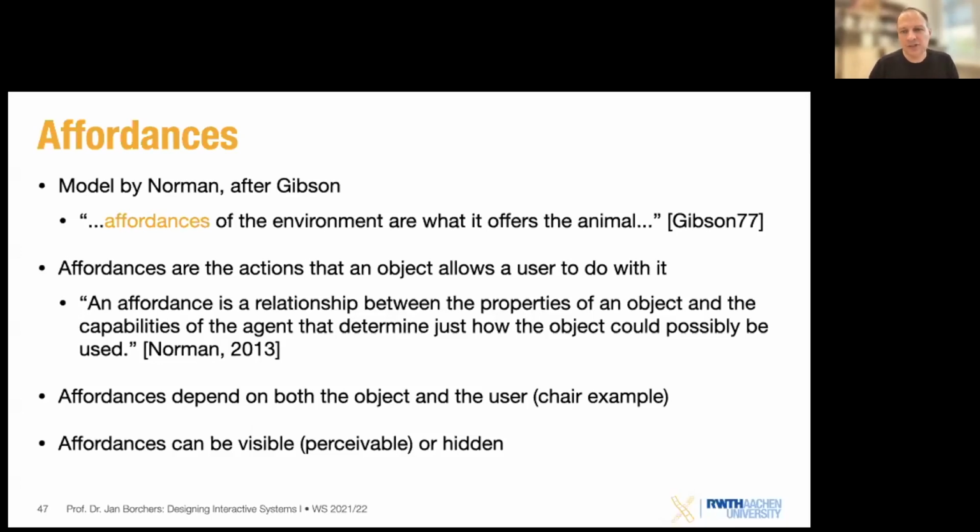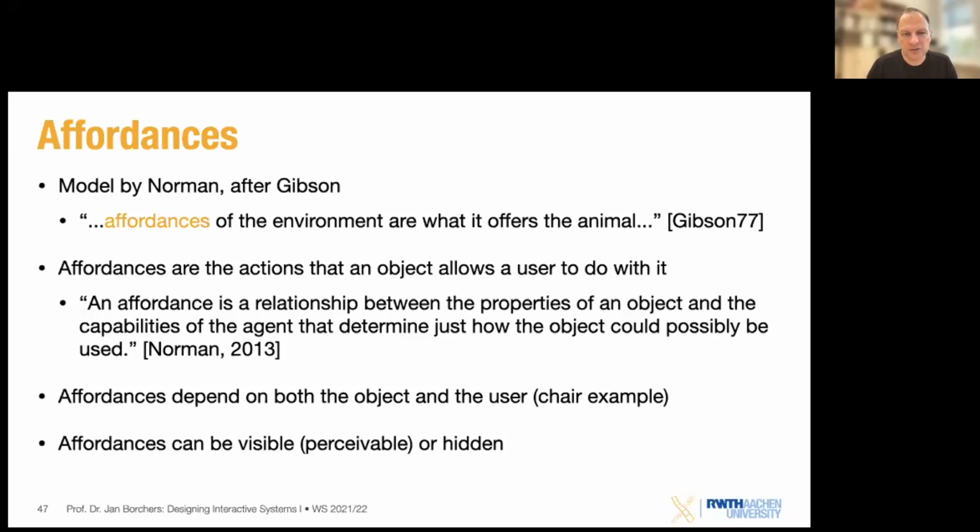Now, Don Norman, in his book that you are reading, took this from environmental biology and applied it to human-computer interaction. And he said, for human-computer interaction, affordances are the actions that an object allows a user or even suggests to a user to do with it. So here's the quote from Norman's book: an affordance is a relationship between the properties of an object and the capabilities of the agent, that's your user, that determine just how the object could possibly be used.